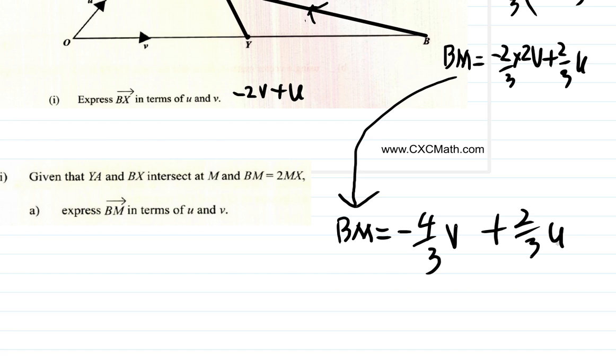No other letters, just numbers, unless the letter represents a constant, a number. But generally, when they say in terms of x, it means you have x and numbers. So in terms of U and V means you have U and V and then numbers as well.